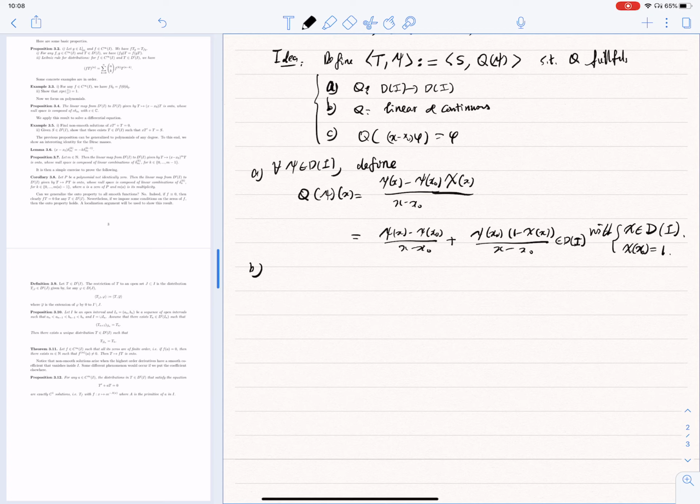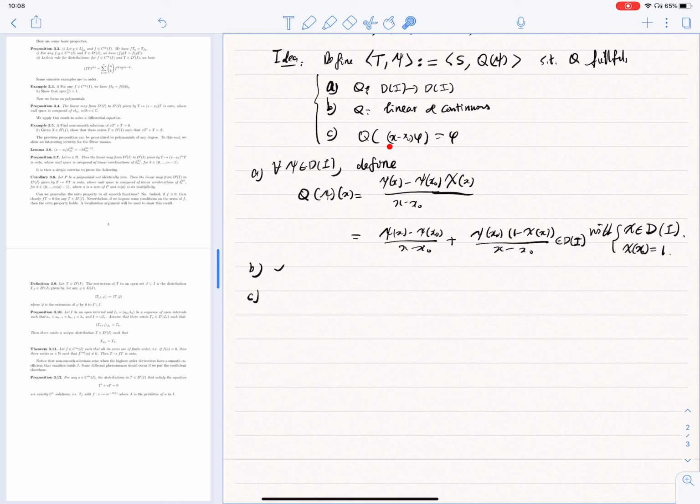And thirdly, let's check C. We're going to show that when this operation Q is applied to a function of this type, this term will not appear because the value of this function at the point x naught will be exactly 0, so that cancels this term, and it remains only psi over x minus x naught.